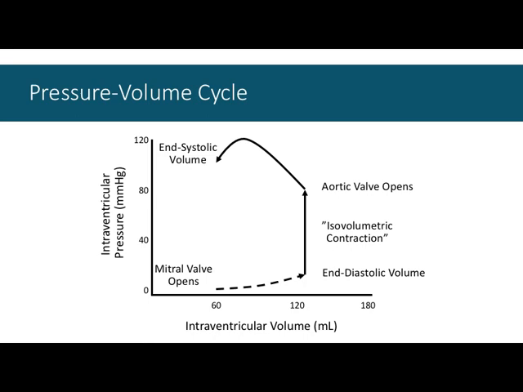Pressure doesn't stop being generated. The ventricle is still contracting even though the aortic valve is open, and we can see that because pressure continues to rise. The only reason pressure rises is because the heart is contracting.